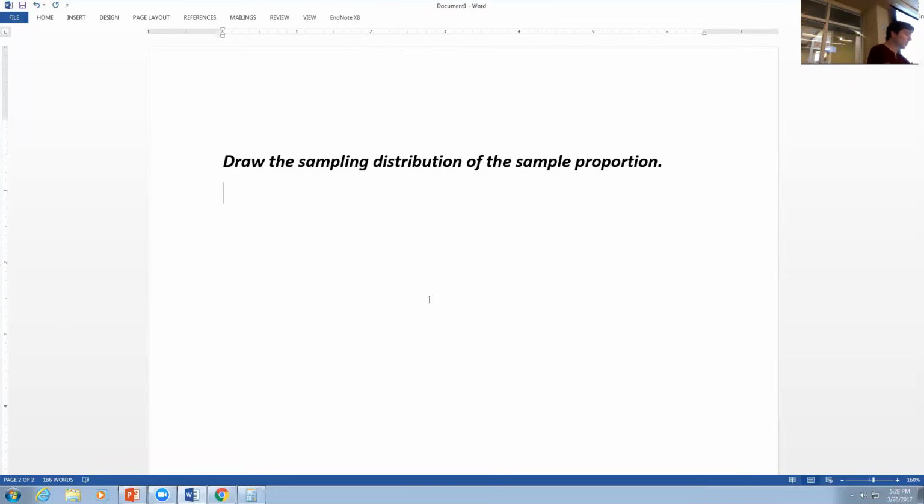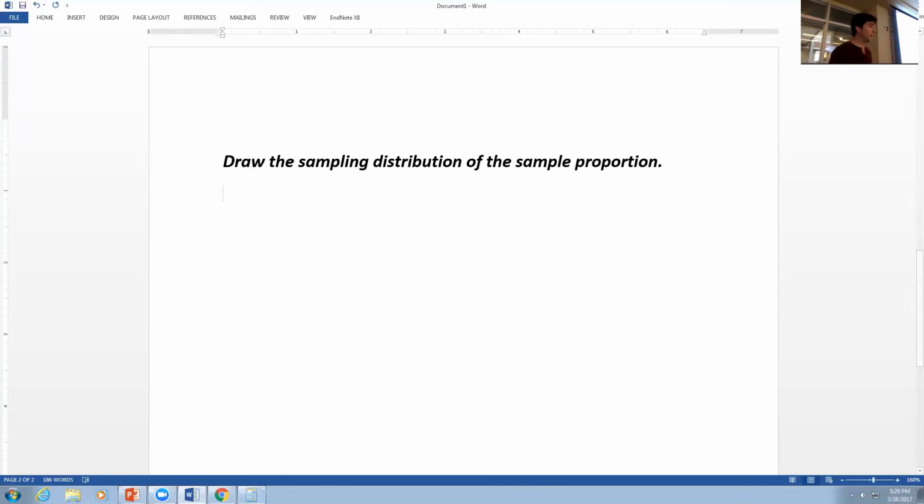You would simply draw a normal curve, because we stated it's normal, put it at the center, 0.98, and then go down 3 standard deviations and up 3 standard deviations. Try it yourself. Then you simply subtract, and that's 0.968 and 0.962.